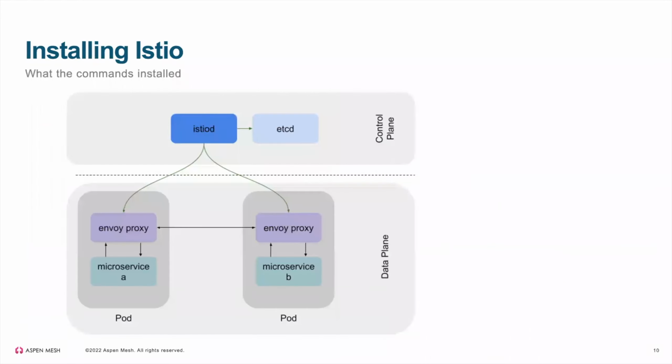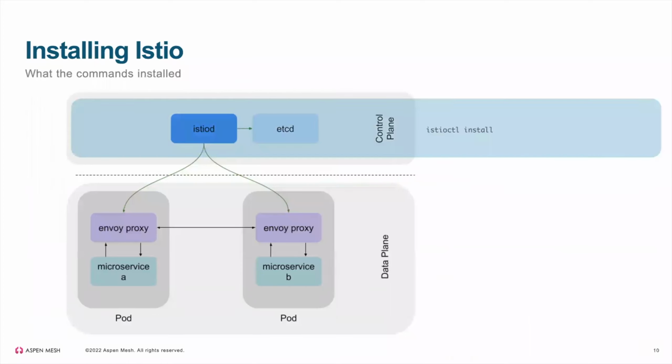So if we tie that back to the original architecture, what happens is when you run the Istio CTL install, that creates a namespace called Istio-system, which is the root namespace for Istio, and it installs Istio-D and related components. It might install an ingress gateway and egress gateway if you want that as well, and some observability tools, but all the control plane stuff will get installed in that Istio system namespace.